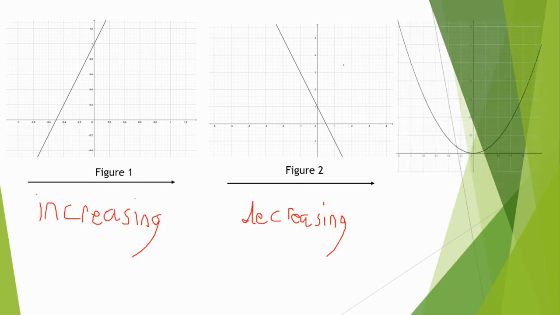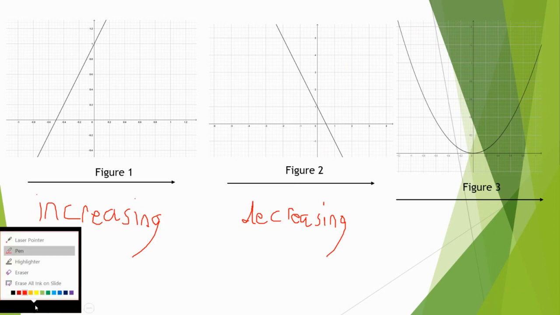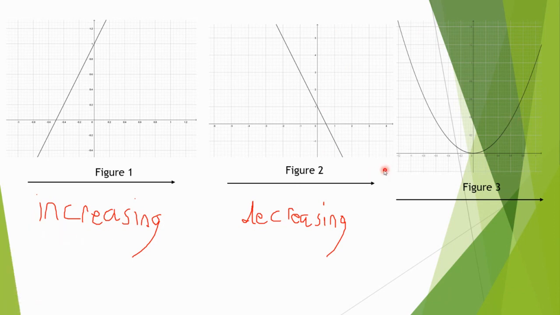Now, for this one, we'll notice that as we walk to the right here, what's happening? Well, here, the graph starts out decreasing. We're walking down towards the right. The graph starts out falling, but then it's going to start increasing.